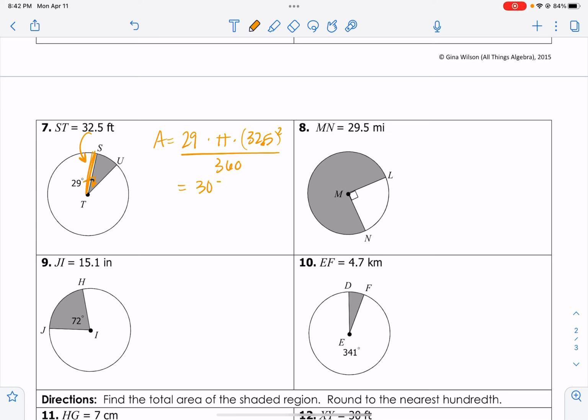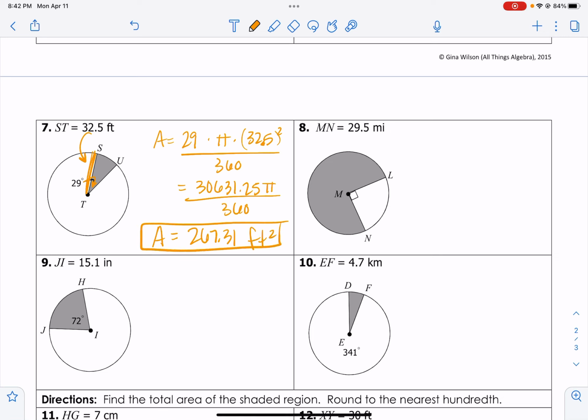That's 30631.25 pi divided by 360, so that I get that my area is 267.31 feet squared. The only difference is that this time we dealt with decimals. Ugly, but not a big deal.